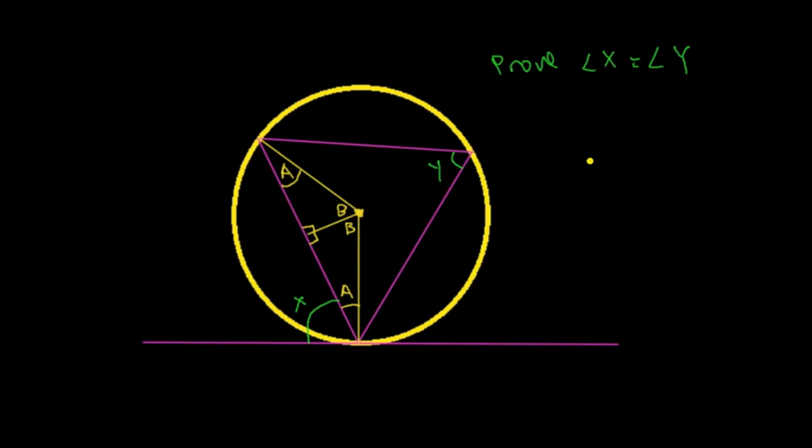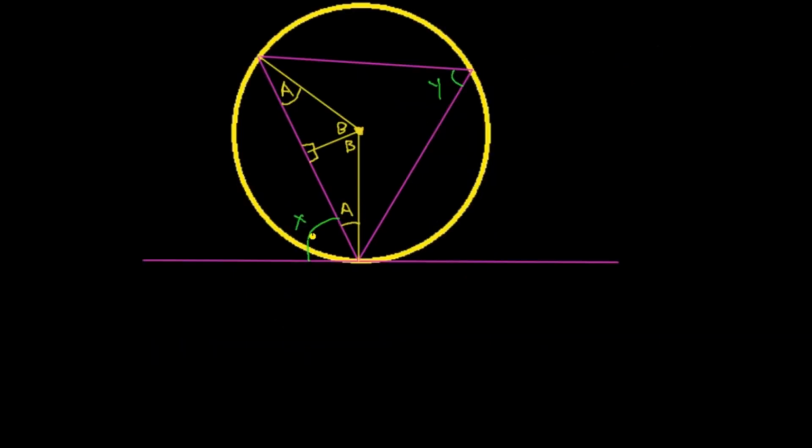Well, we know that each of these triangles has a plus b plus 90 degrees equal to 180 degrees, because all 3 angles in a triangle add up to 180 degrees. We know that's a right angle, so it's 90 degrees.